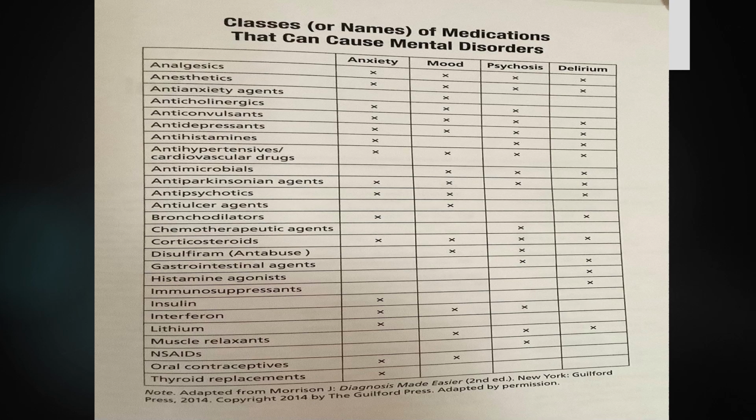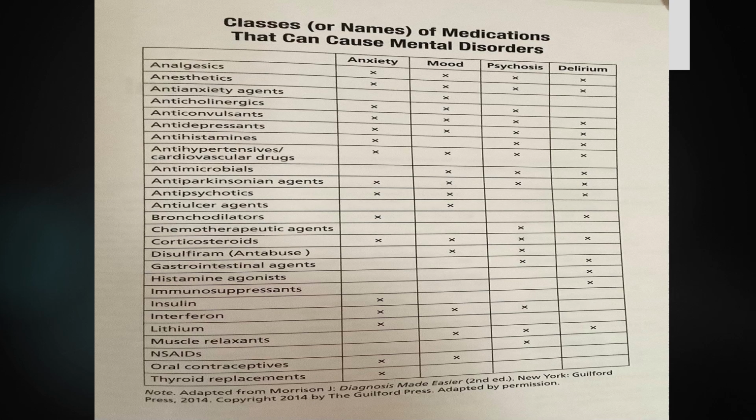Insulin, of course, used to treat diabetes, to regulate the absorption of carbohydrates across the cell membrane. Interferon, which is also used to treat certain types of cancer. Lithium, which might be interesting to talk about later, especially if you're doing a paper on bipolar disorder. Lithium is a metal salt that's used to treat manic episodes. Funny thing is they don't really know how it works, but it's used. This can cause all kinds of side effects, though.